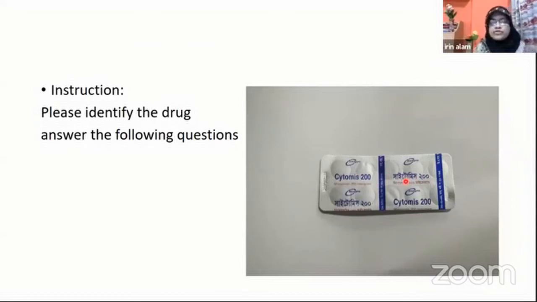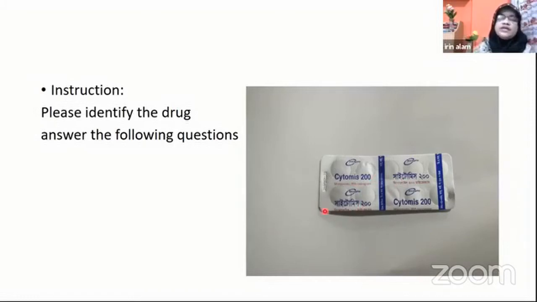There may be a question, what are the uses of this drug? It can be used like injection oxytocin: induction of the abortion, induction of the labor, augmentation of the labor, and to prevent PPH, this can be used.